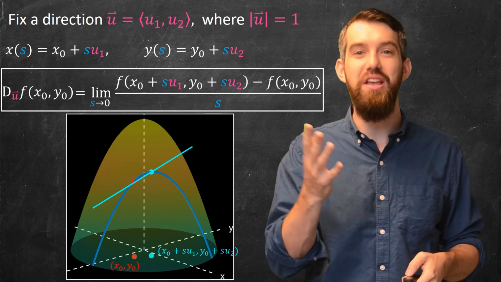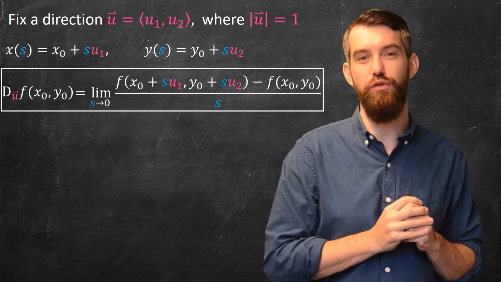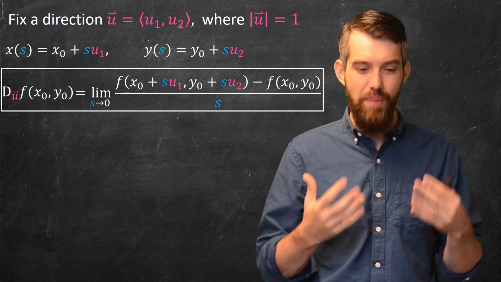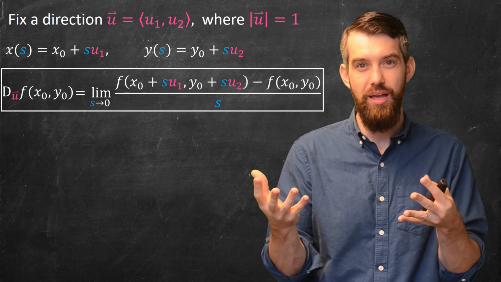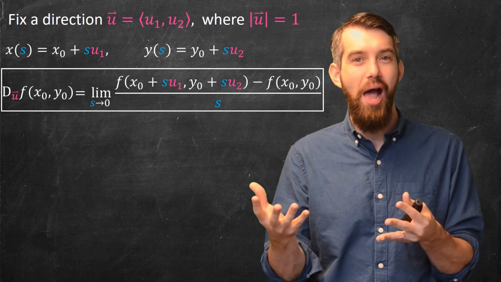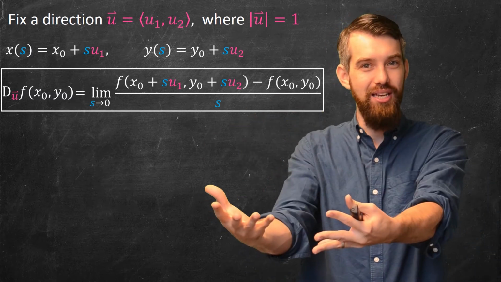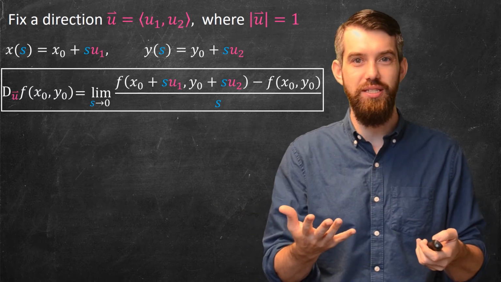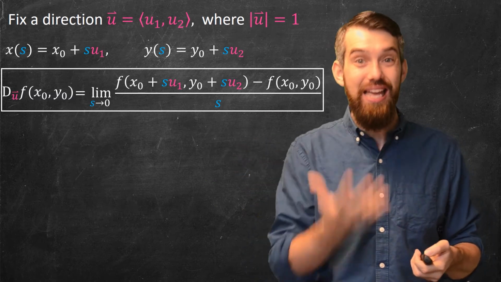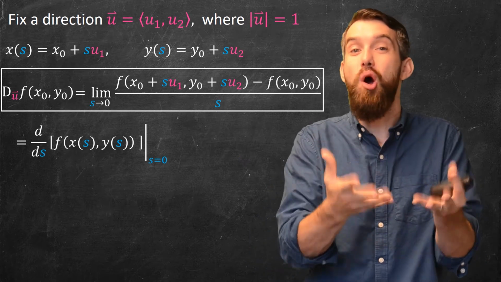Consider the following way of thinking about this definition. Let's get rid of the picture for a moment. When I think about this, the function f depends on x and y. And then the x and y both depend on s. So what I have is a composition of functions. What this expression really is, is the derivative of that composition of functions.